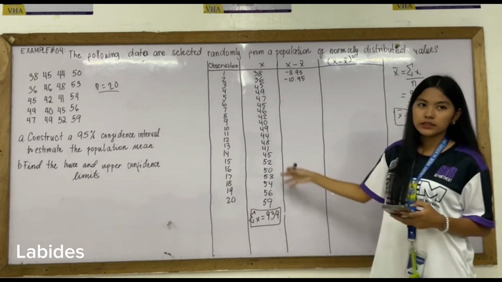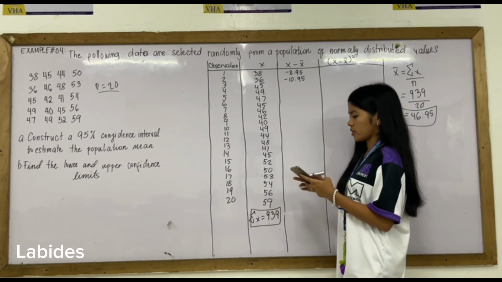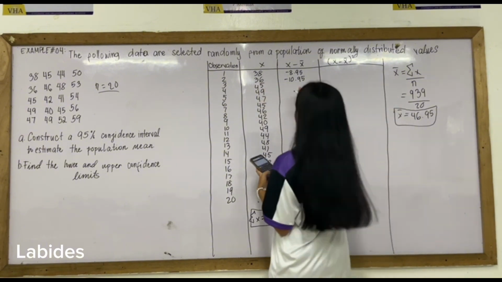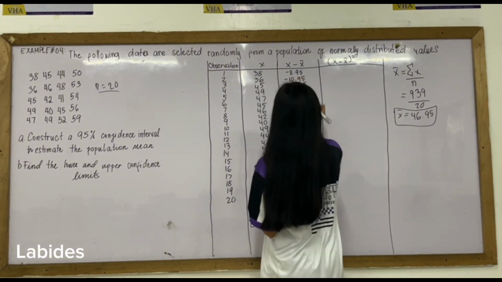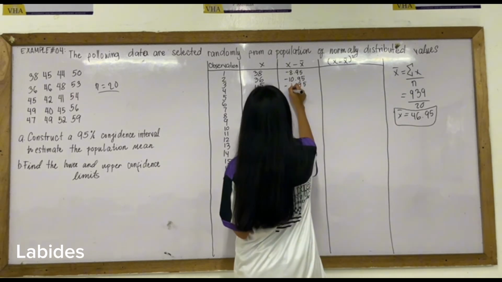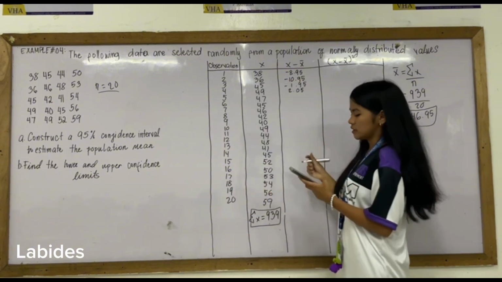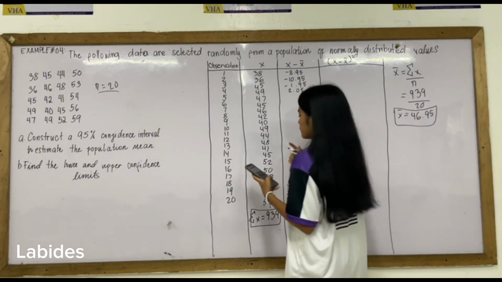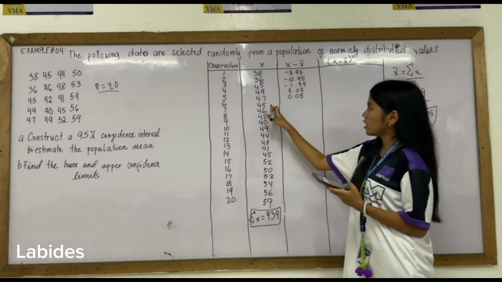And then we're going to do the same thing on the rest. So 45. That gives us negative 1.95. Next is 49, which gives us 2.05. Next is 47, 0.05.